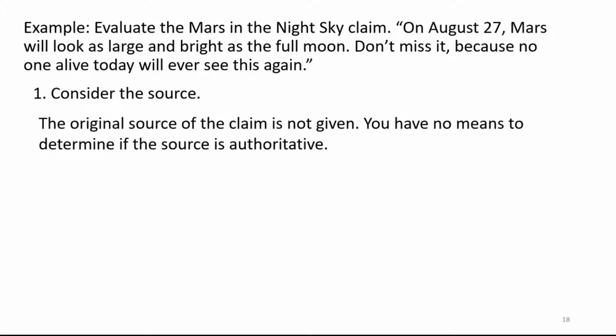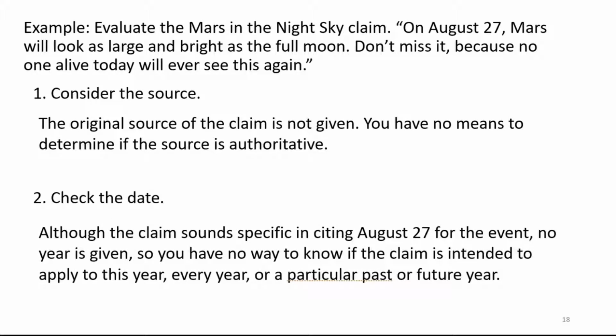You have no means to determine if the source is authoritative. 2. Check the date. Although the claim sounds specific in citing August 27th for the event, no year is given, so you have no way to know if the claim is intended to apply to this year, every year, or a particular past or future year.